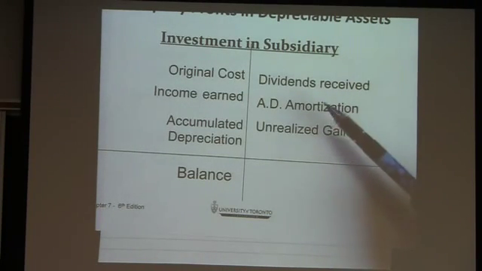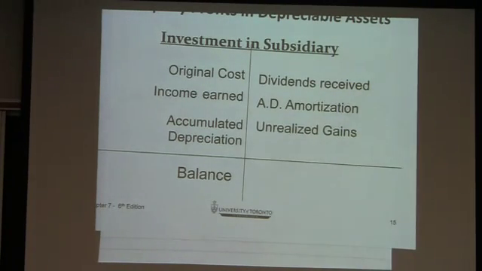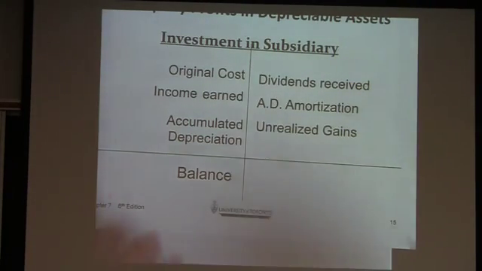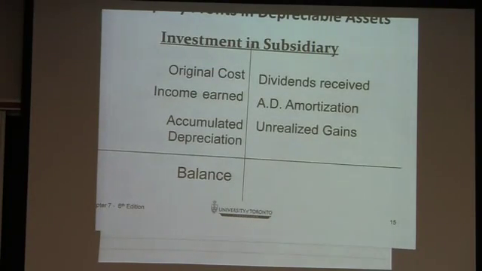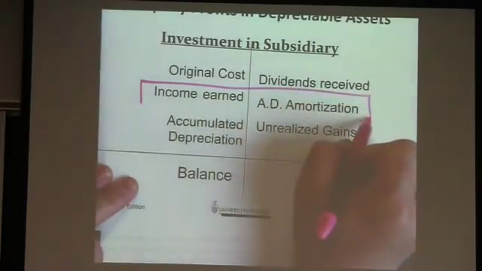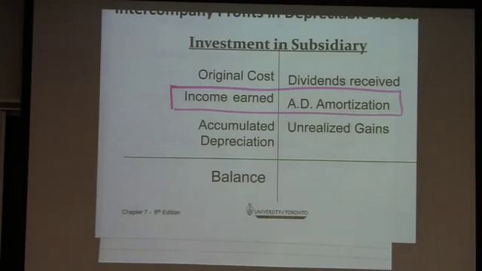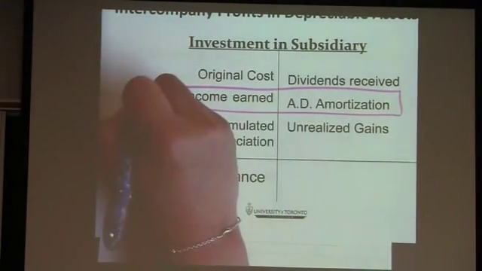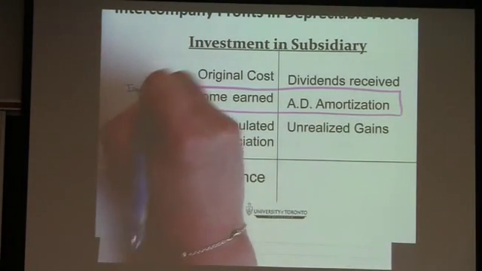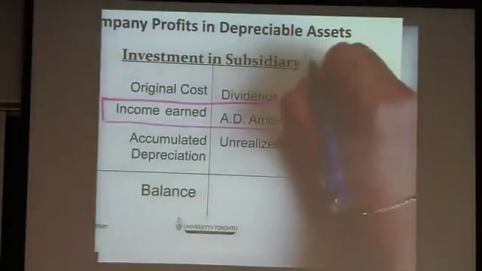We know that the acquisition differential amortization has to be adjusted, and this is part of the equity method pickup. So if you're using the equity method, this amount would have been your investment income. And this is equity method, by the way.